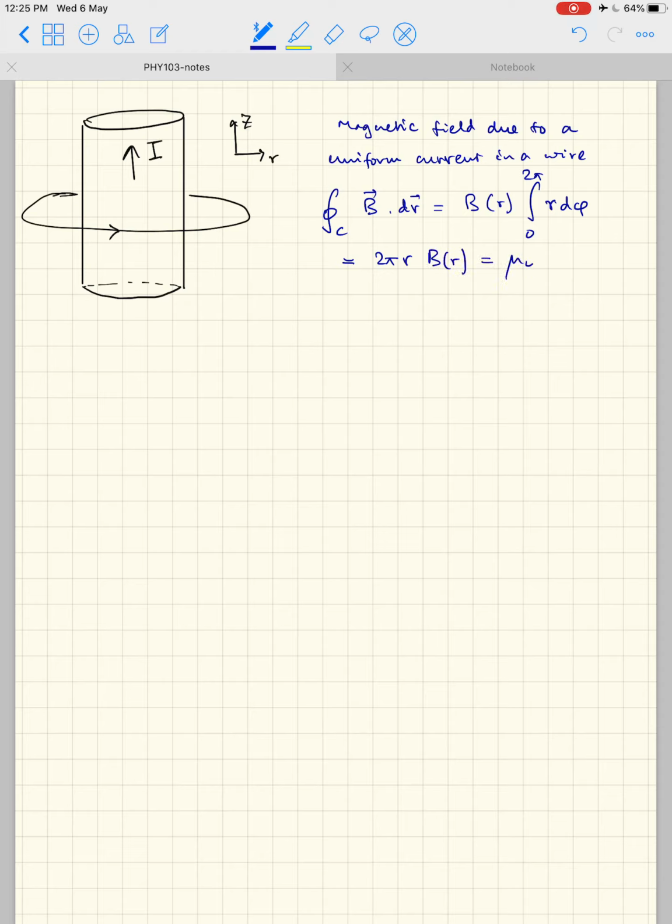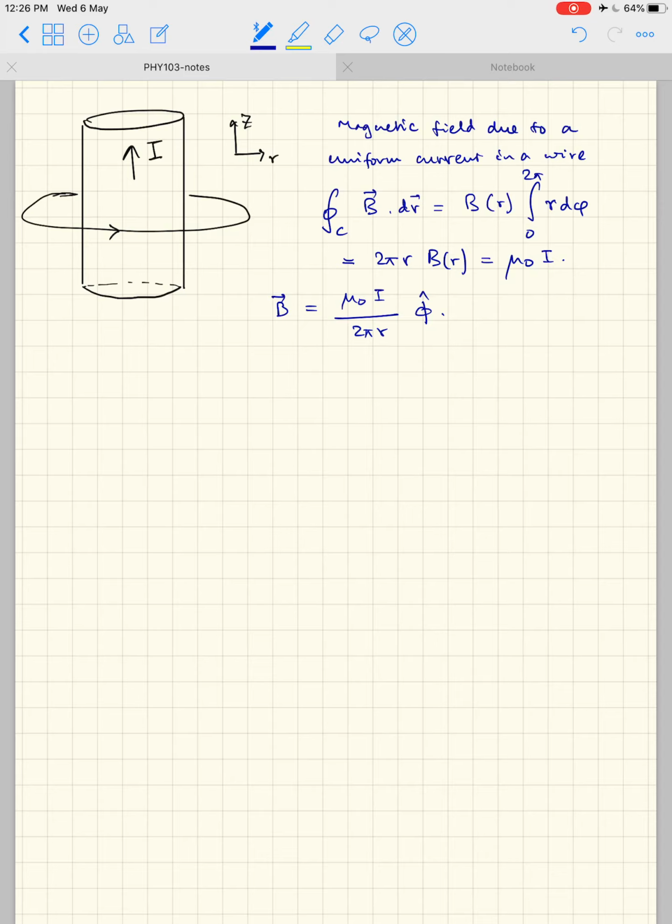This is equal to mu naught into I. So using Ampere's law, you get B as mu naught I by 2 pi r, and the direction is phi cap. Okay. So this was very well known things from long ago.